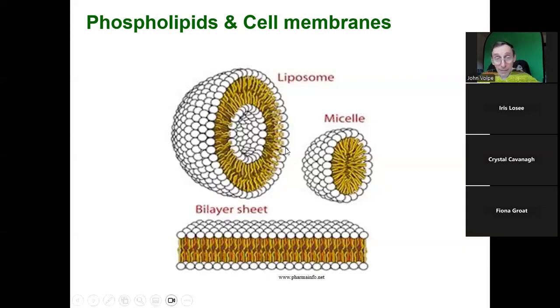This looks like a cell, and the red blood cells do have a cell membrane largely composed of phospholipids, where the heads will be facing the inside of the cell because the cytoplasm is mostly water. And then you have the lipid layer of the cell membrane being the phospholipid, which is a bilayer.